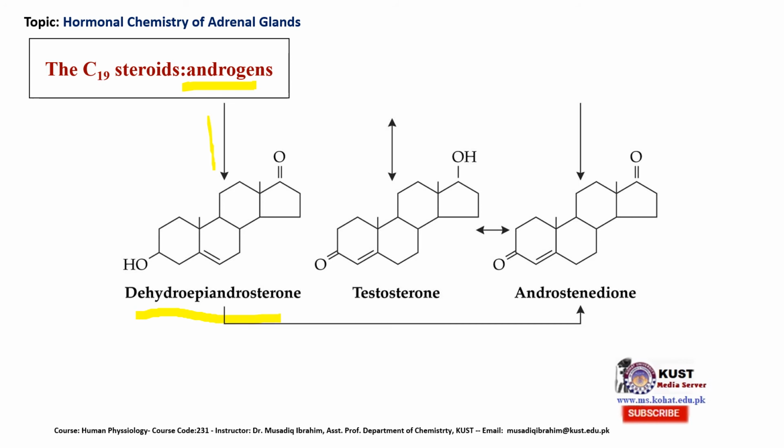The second one in the previous slide was testosterone acetate, which is converted into testosterone, and the last one was 17-alpha hydroxyprogesterone, which is converted into androstenedione. So these are actually the androgens, the active C19 steroid hormones, which are also known as the sex hormones, and they are composed of 19 carbon atoms.